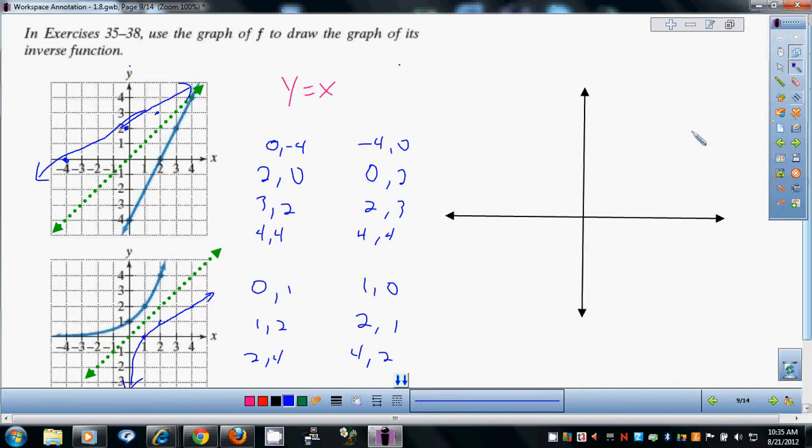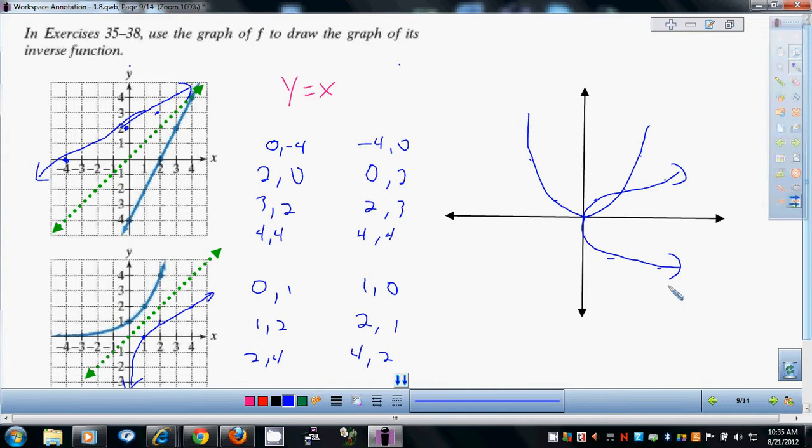And I said, here's your original. Draw your inverse. Well, you're going to take these points. You're going to plot them. And you'd connect them. That second one, now I just sketched that, but if you were to take the point, that would be approximately the inverse to this, if you were to do that same point switching.